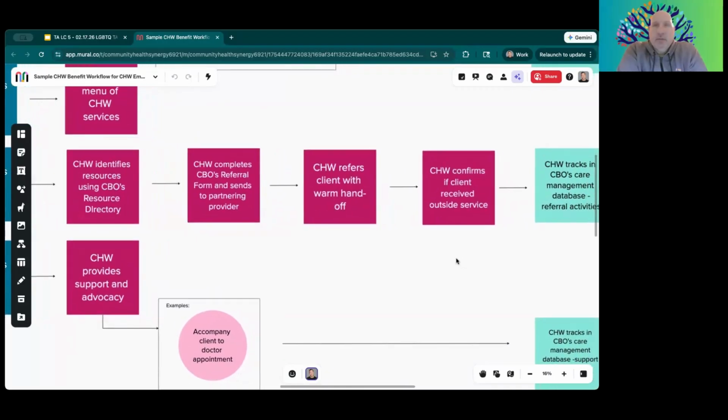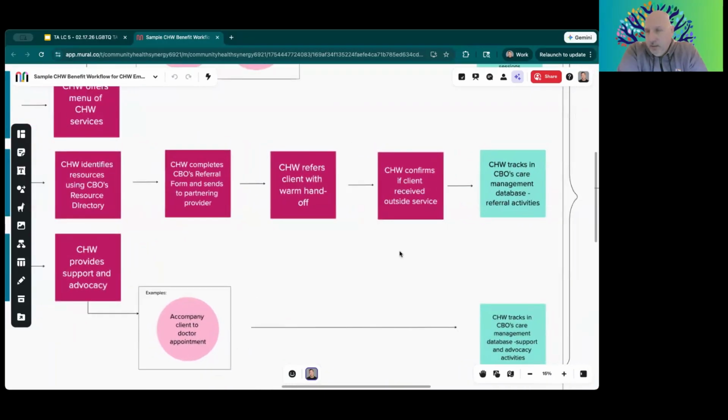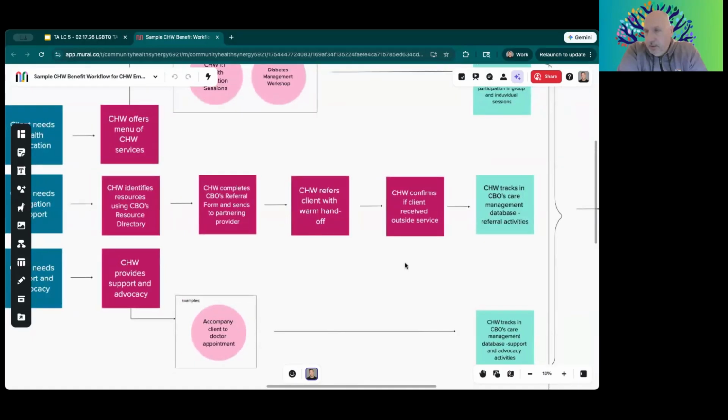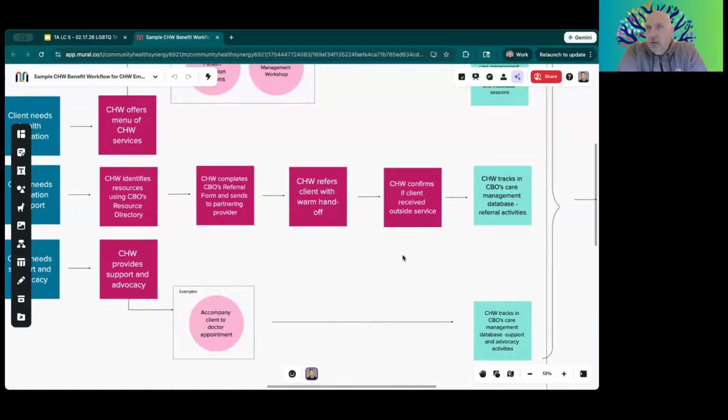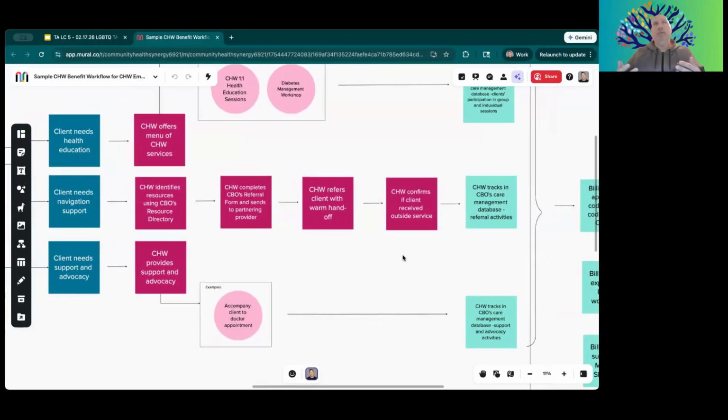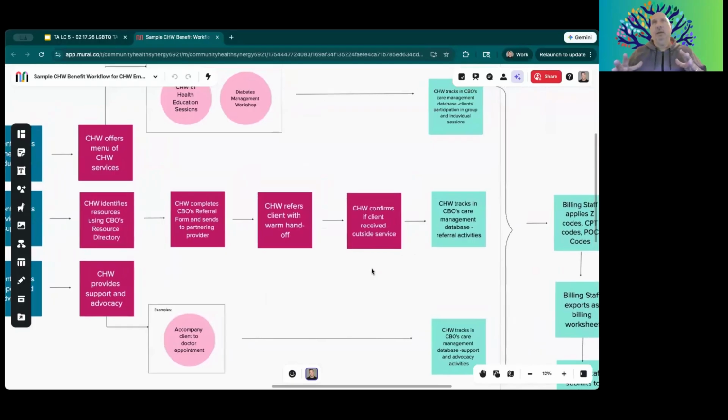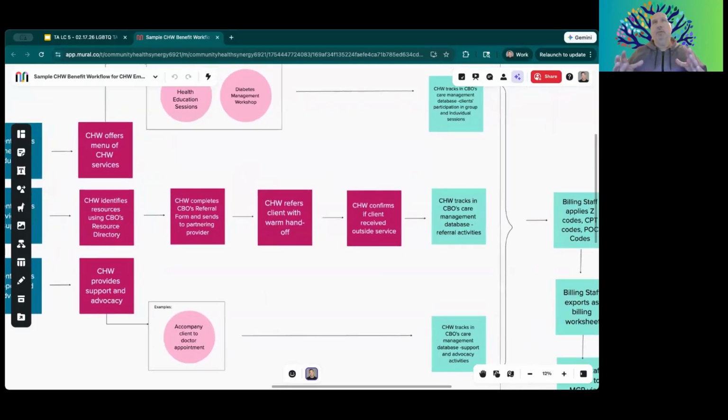I have a question about this too. What I was reading, if I understand this correctly, for CHW supports and those kinds of work, doesn't Medi-Cal reimburse a flat fee per client?